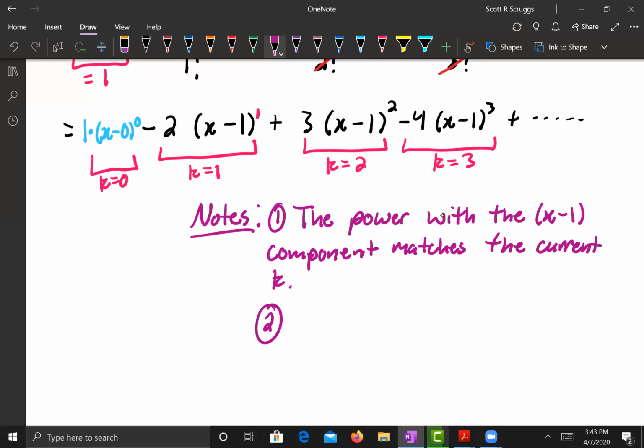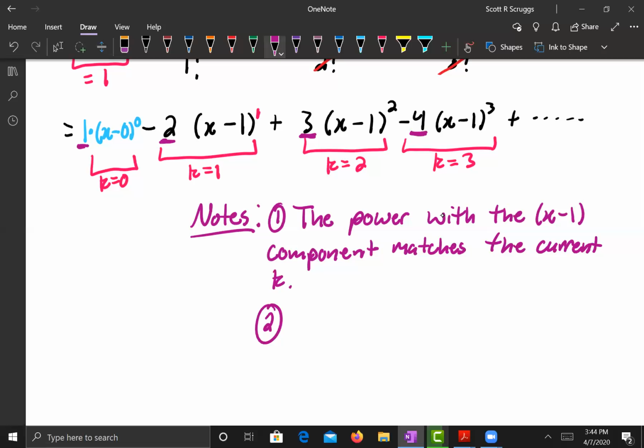Now the second observation is going to occur with my simplified coefficients that I see there. So at k equals 0, my coefficient is 1. At k equals 1, my coefficient is a 2. At k equals 2, my coefficient is a 3, and so on and so forth. So the pattern that I'm seeing is whatever k is, I add 1 to k to give me whatever this coefficient is up in front of the x minus 1.